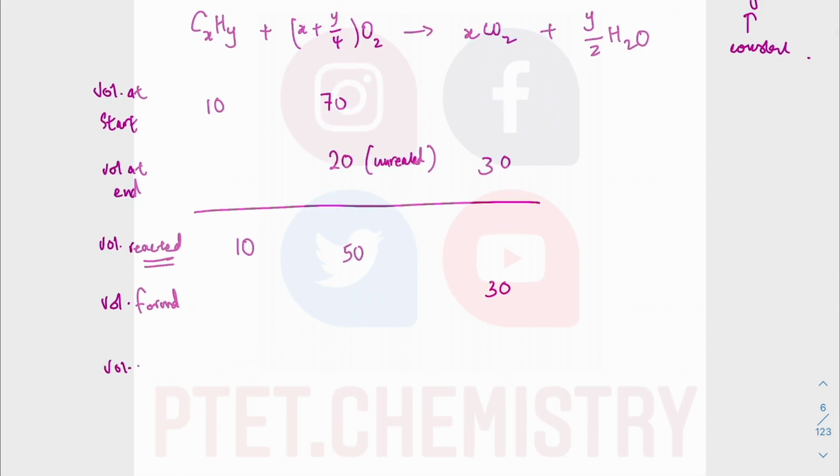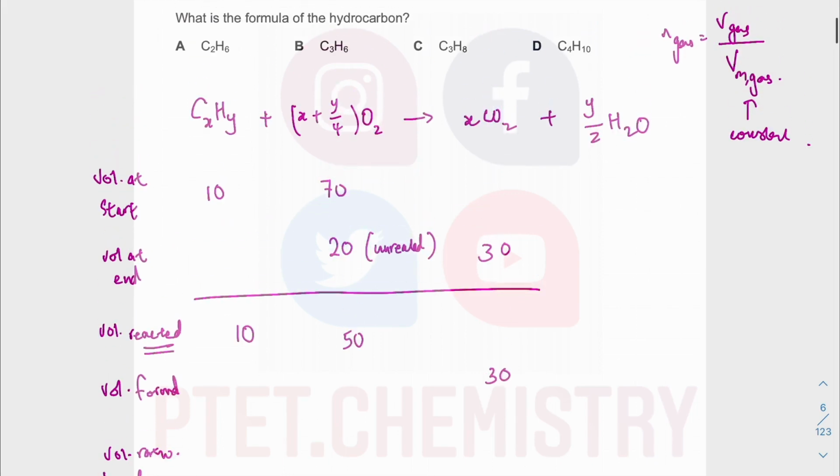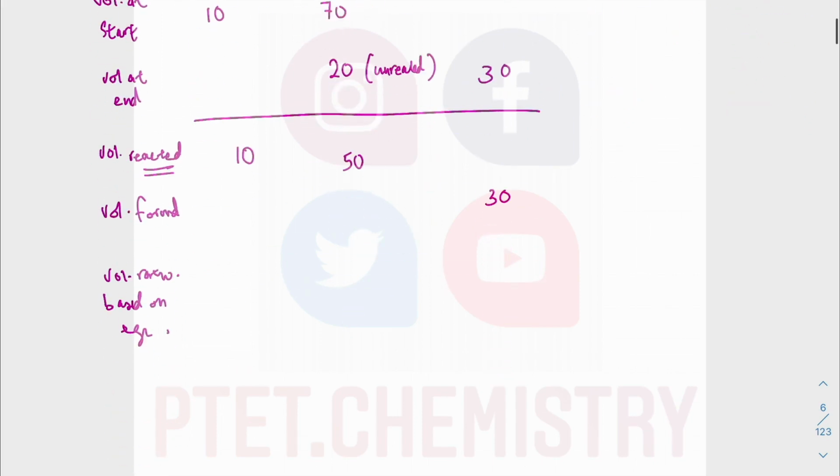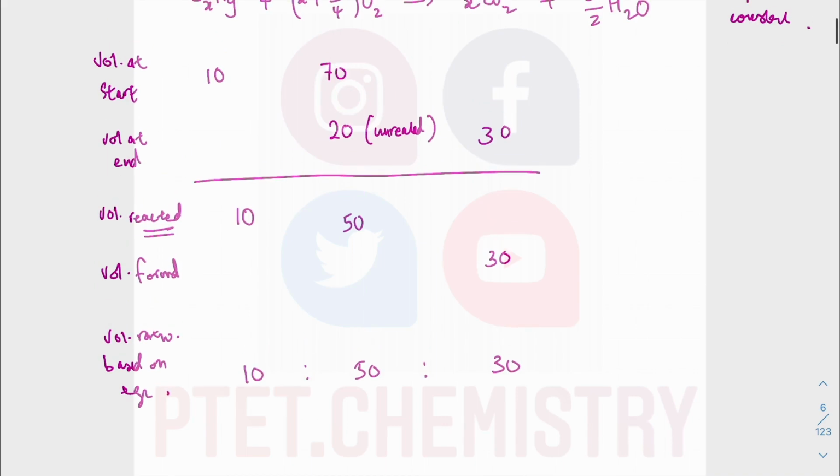So the volume ratio based on the equation shows the reactants reacted, to give you whatever they form. That's why I can compare these 3 volumes together, but not the original 70 cm cube or the 20 cm cube, because that was not what has reacted in the equation, and this will give you whatever has been formed in the equation.